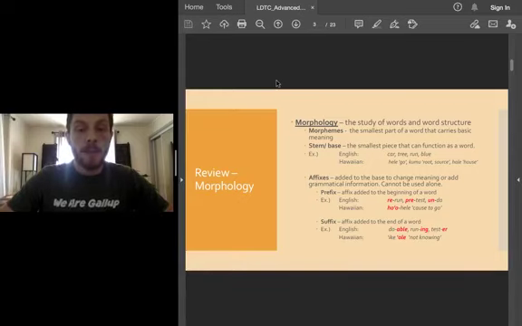Okay, now there are two types of morphemes that we went over in our first webinar series. The first is what's called a stem or a base. And this is the smallest meaning-bearing piece that can also function independently as a word.